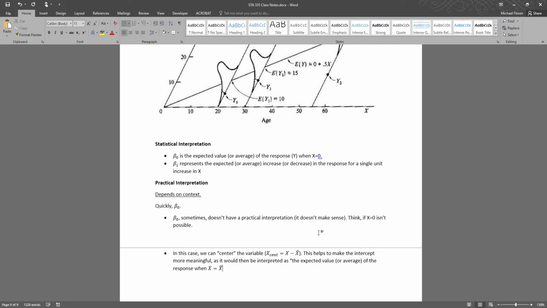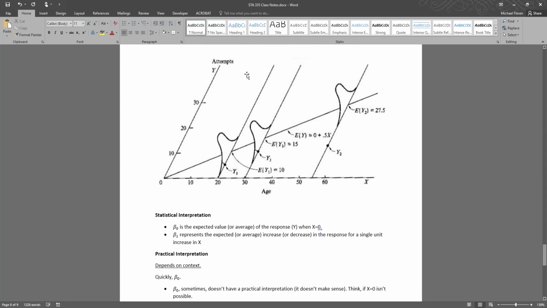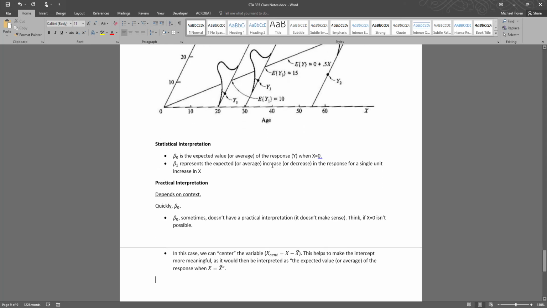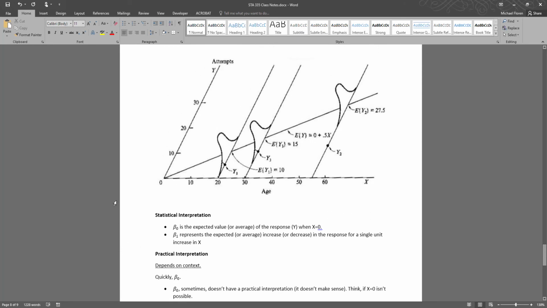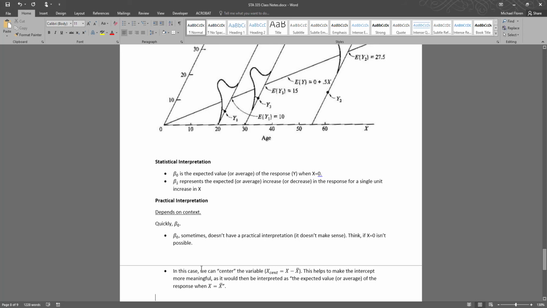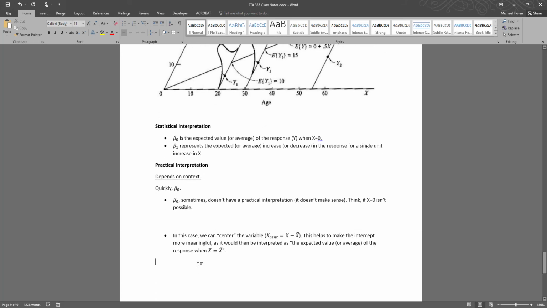And if you think about this, interpreting something, well, what on average is the number of throws or the number of attempts when you're at an average age? That actually does tend to make sense in a lot more contexts, as opposed to saying what's the average number of throws or attempts you would make if you're 0 years old, which doesn't make particularly a lot of sense.